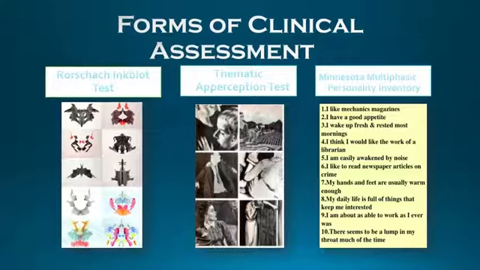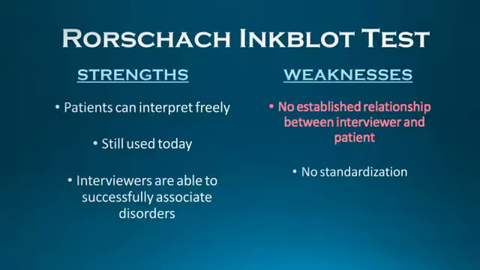For this assignment, I decided to go with the Rorschach ink blot test and the Minnesota Multiphasic Personality Inventory. I can't say that my decision to pick the Rorschach was unbiased, because I'm very interested in different types of shows like SVU and CSI, and I commonly find this method somewhere in the mix.